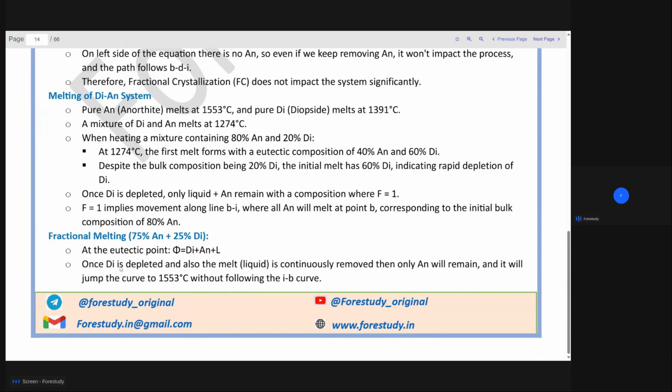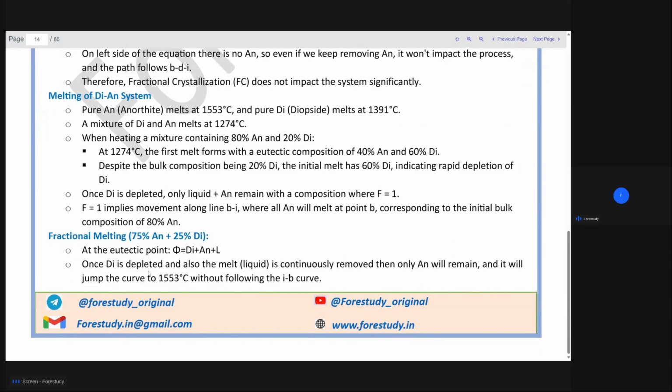Once diopside is depleted and the melt is continuously removed, only anorthite will remain. Again, the same thing will happen. It will first touch the eutectic point, and since diopside is less, all the diopside will be melted at the eutectic point. After completely melting the diopside, it would remain with liquid and some anorthite.